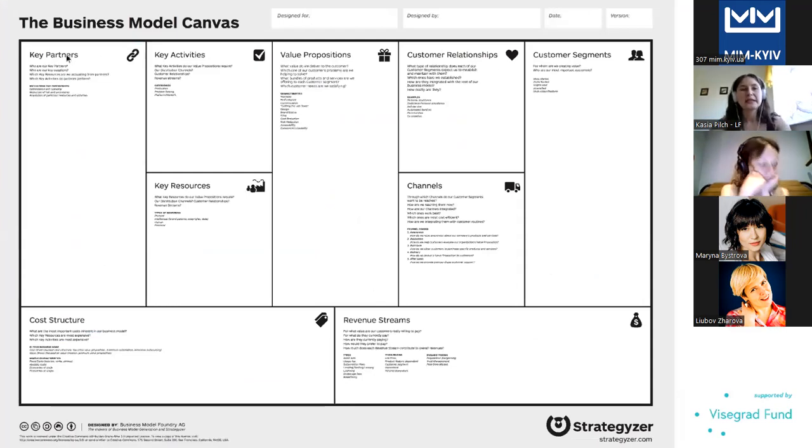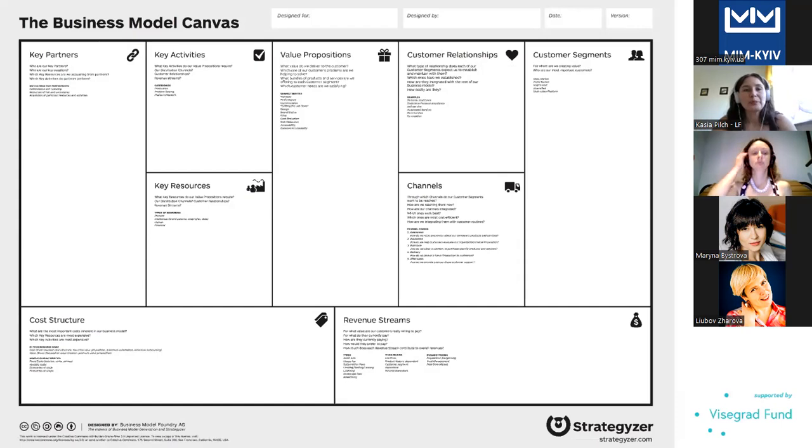As you can see, you have key partners, key activities, value propositions, customer relationships, customer segments, channels, key resources, cost structure, and revenue streams. So that's 9 different aspects of a business model, or how your business is functioning, described in a very simple and straightforward way, everything on one page.